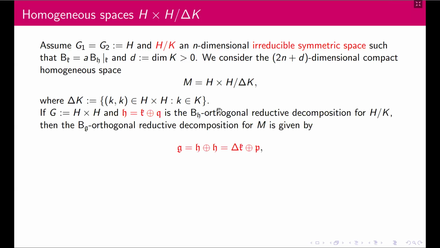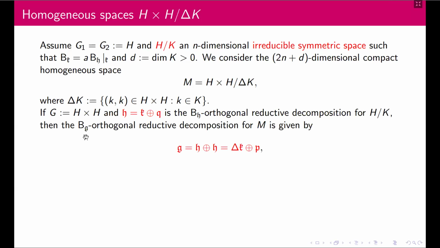And as before, we consider the Lie group G equal to H times H, and here is the reductive decomposition of the Lie group H, orthogonal with respect to its Killing form.